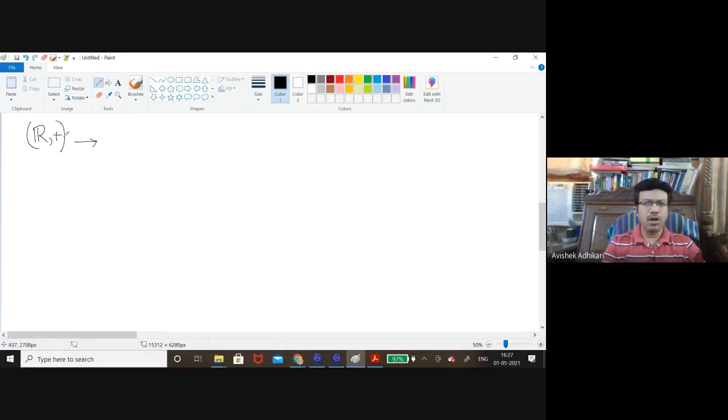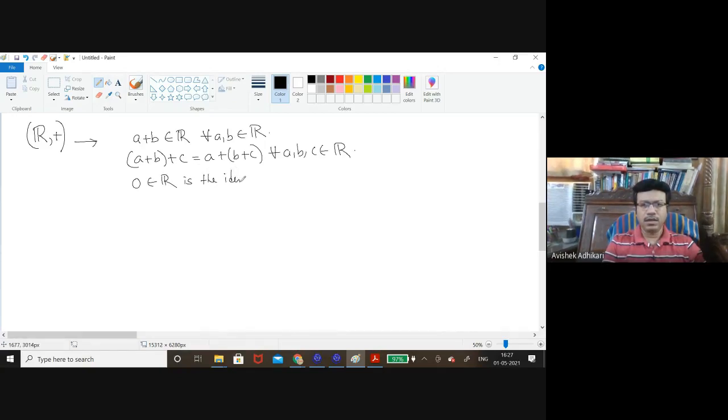You cannot go out of the range of R by adding two elements of R. If I add two real numbers, you will always be within R, for all A, B belongs to R. Similarly, the associative property is also satisfied: A plus B plus C, for all A, B, C belongs to R. So 0 belongs to R is the identity element.